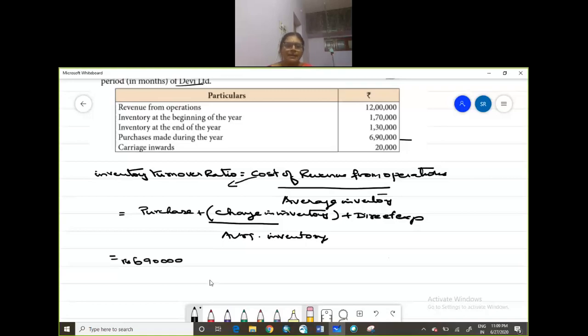Then plus you have a change in inventory. So here opening minus closing. How much is your opening? 1,70,000 minus 1,30,000. Plus you have your direct expenses. Carriage inwards is your direct expenses. That comes to 20,000. Fine.